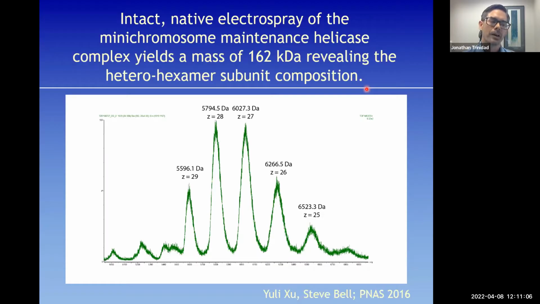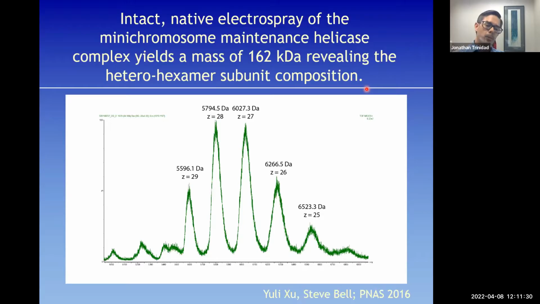Maybe you're trying to determine subunit composition or stoichiometry. Maybe you're looking for a non-covalent cofactor that might be present, and the standard LCMS that we do, which gives us very good data, has the downside of denaturing the protein. So you lose all that information.